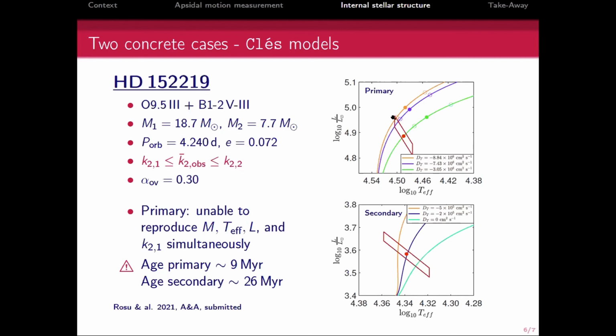So here we raise a question, and we see that some physical processes occurring inside the stars are still poorly known. And in addition to that, we have another problem with this system.